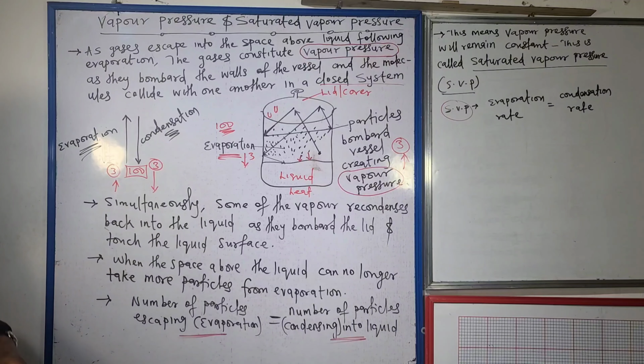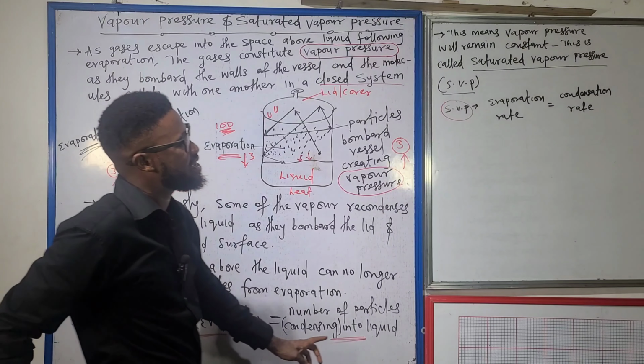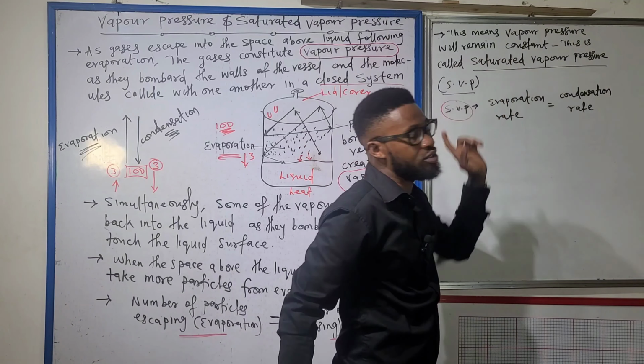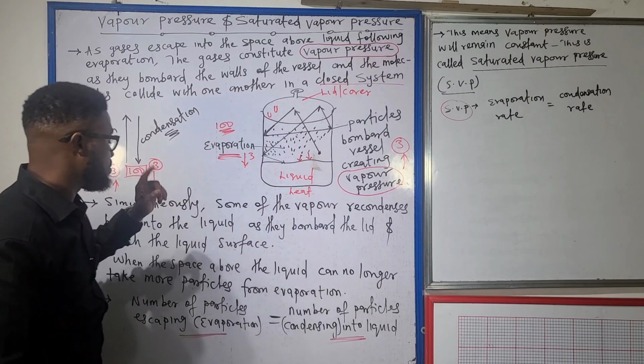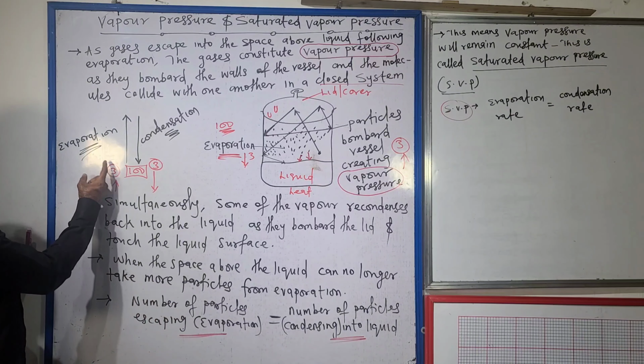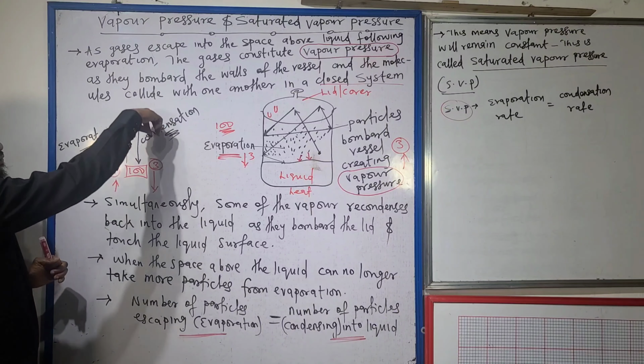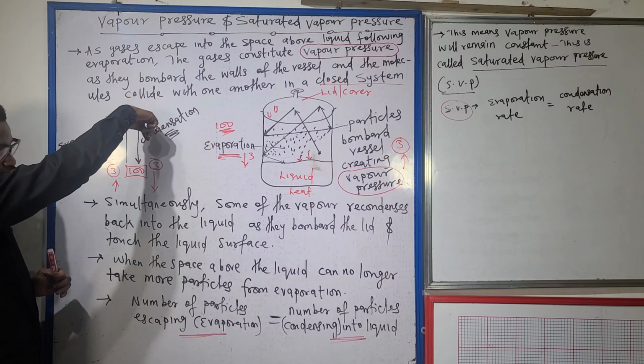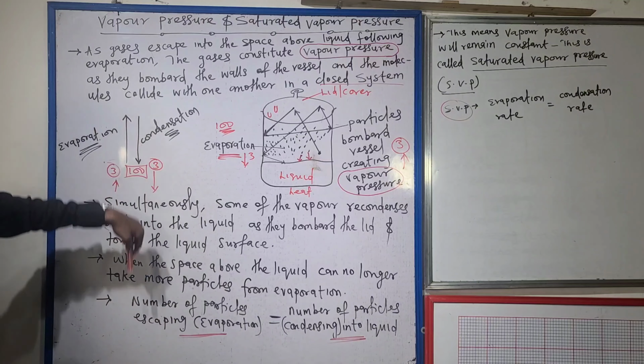If that be the case, the vapor pressure will remain constant, because at that point the number of particles that escape into the space above forces the same number of particles to recondense back into the liquid.